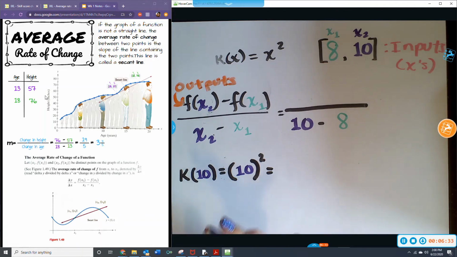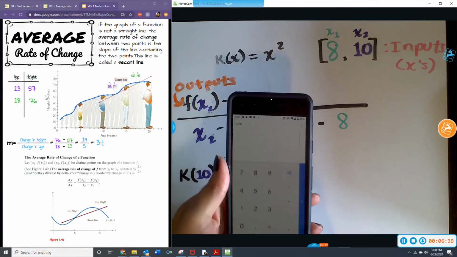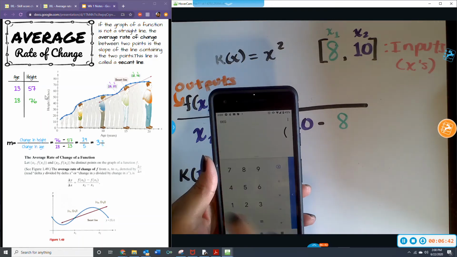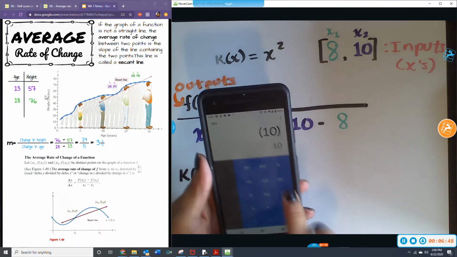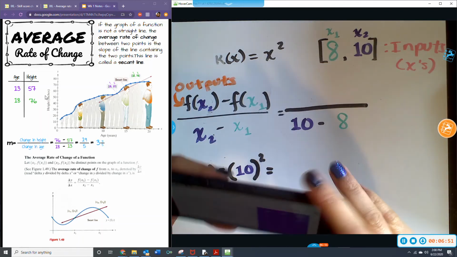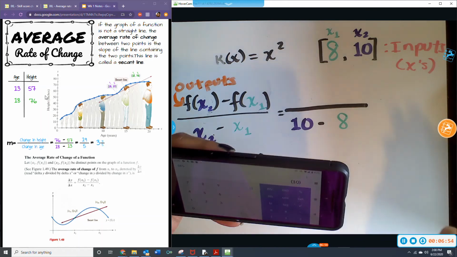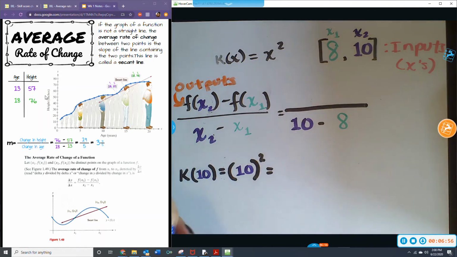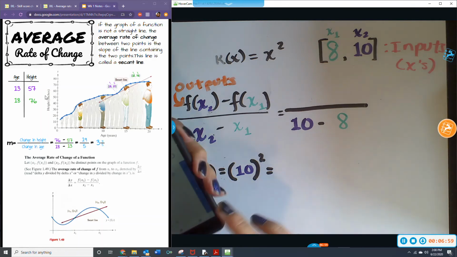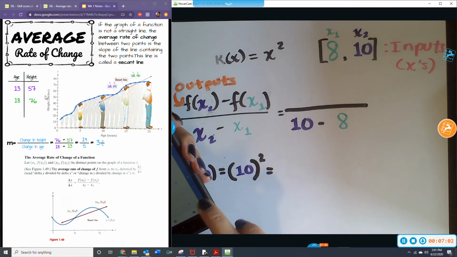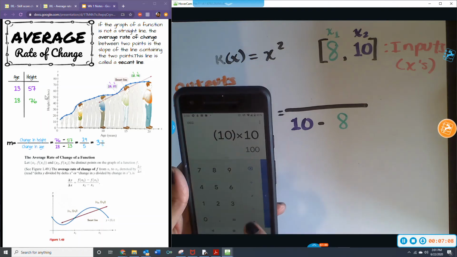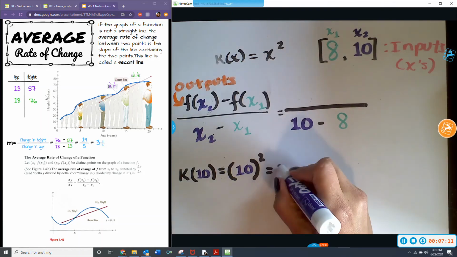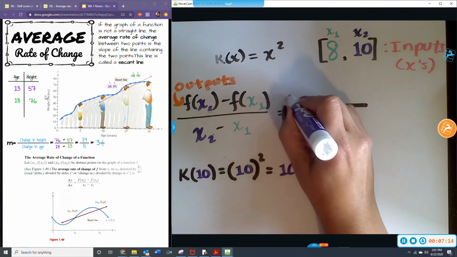You can just search for calculator, or use this calculator function here. I'm going to type in parentheses 10, close it, and does it have a square button? No, it does not. So this is where you may want to use a better calculator than this one. I'm just going to write times 10, because I know that x squared means 10 times 10, which of course is 100. So we put 100 in here.